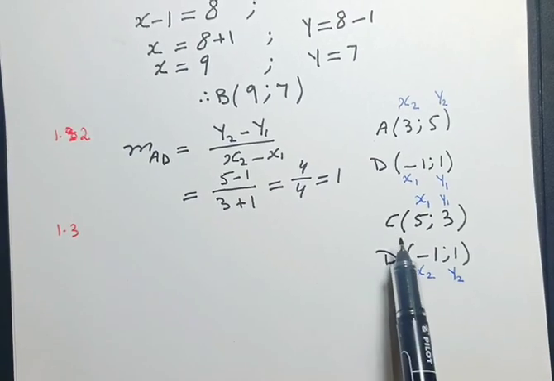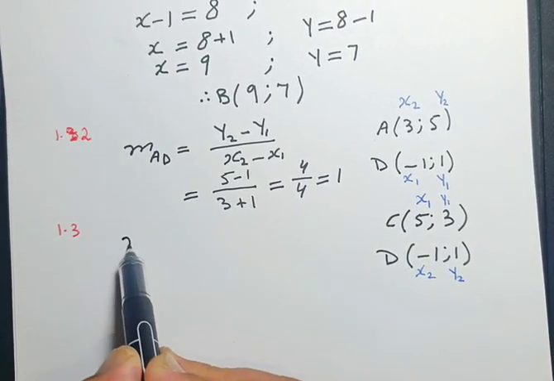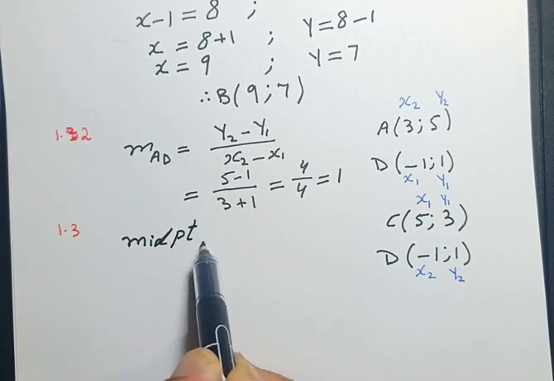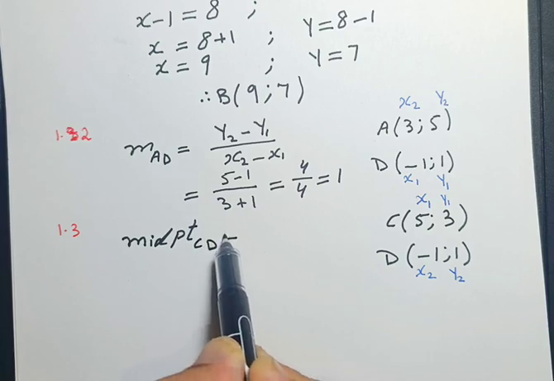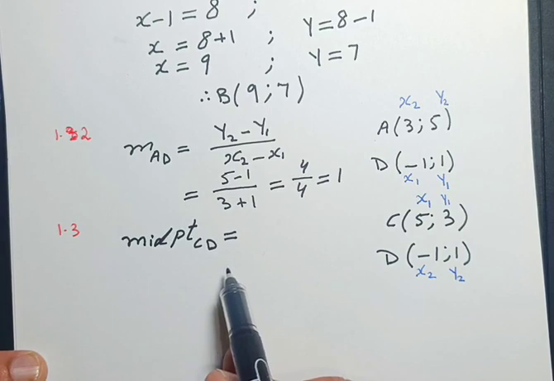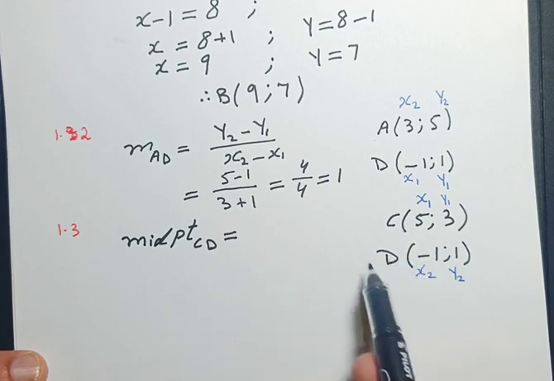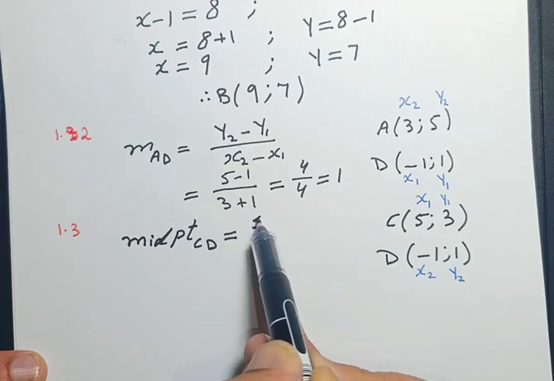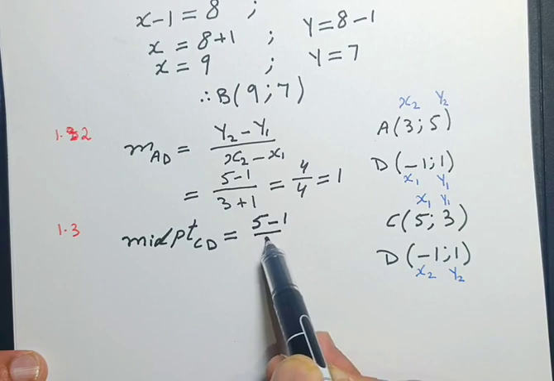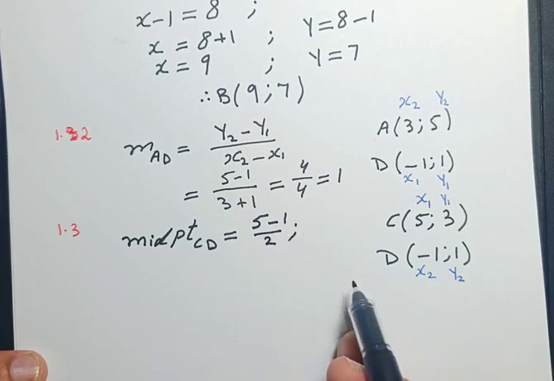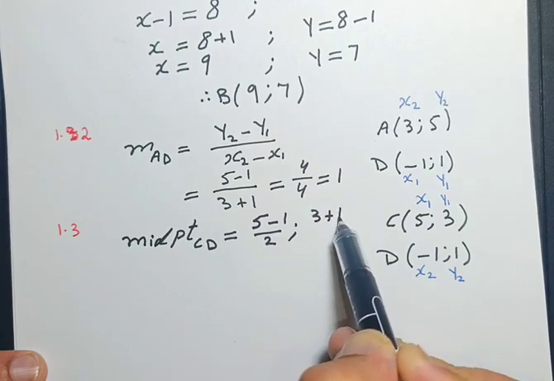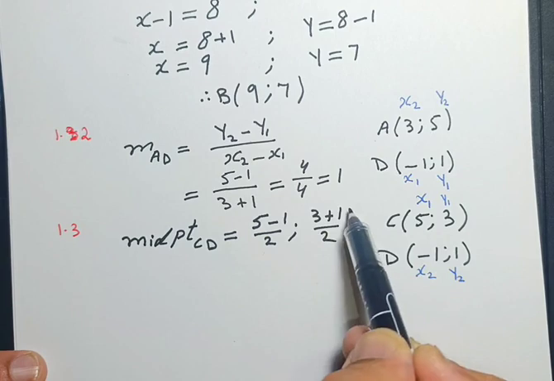So these are the coordinates of C. First I need to find the midpoint of CD, that's the first thing they ask in the question. F is the midpoint of CD, so (x1 plus x2) over 2: 5 plus negative 1 over 2, and this side is (y1 plus y2) over 2: 3 plus 1 over 2.